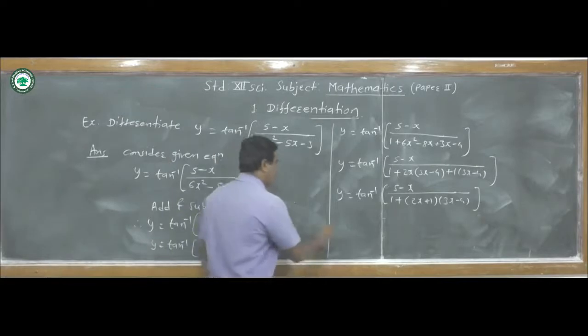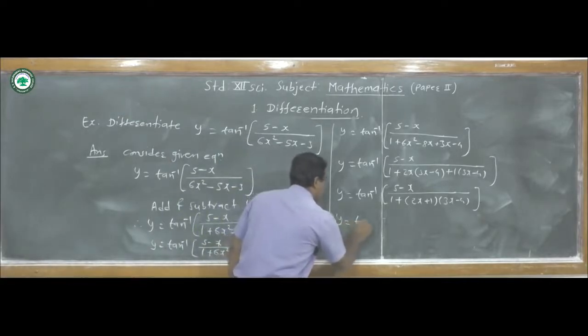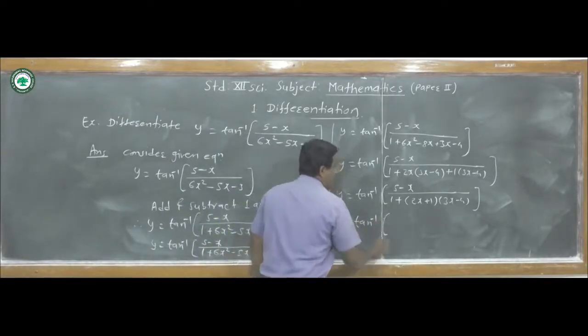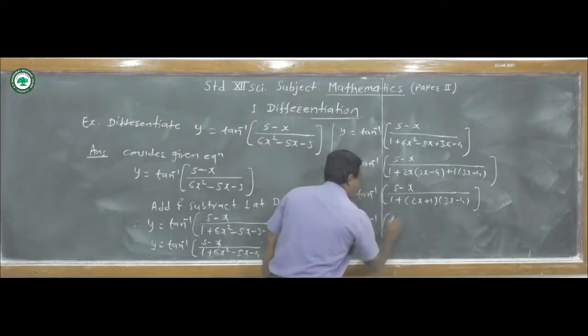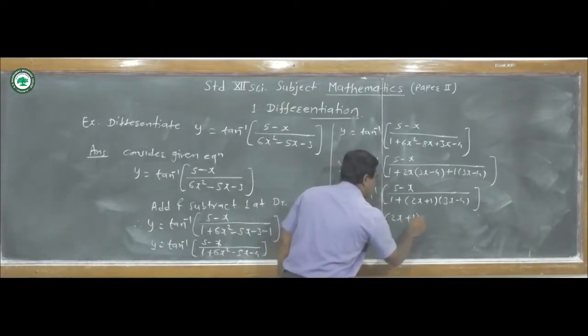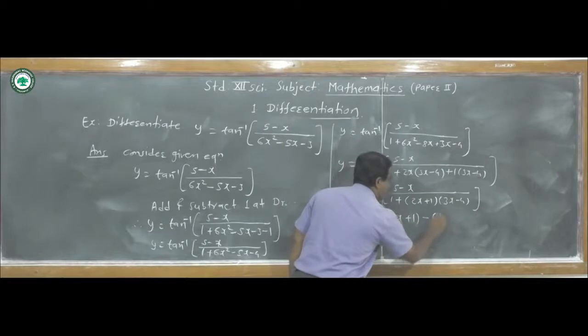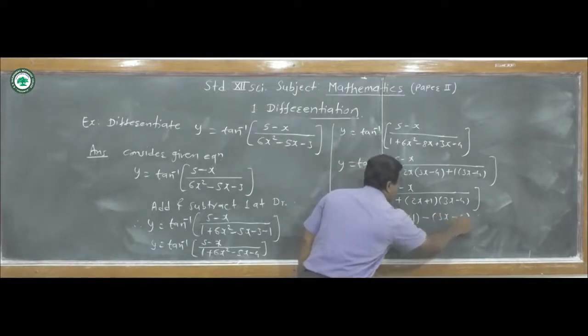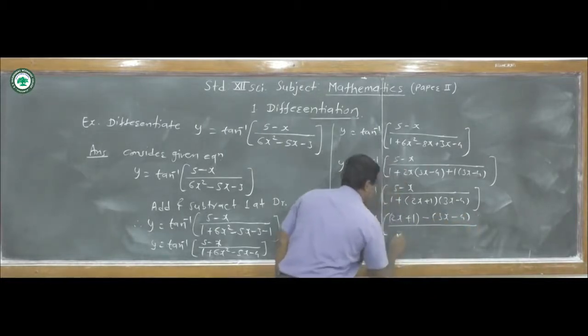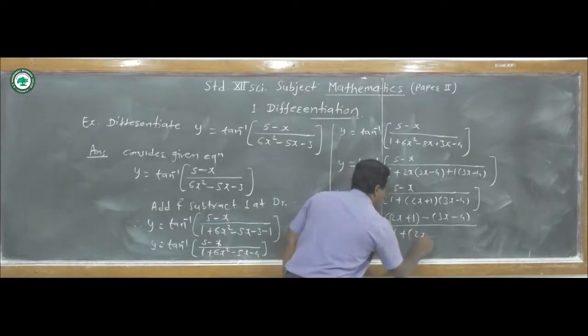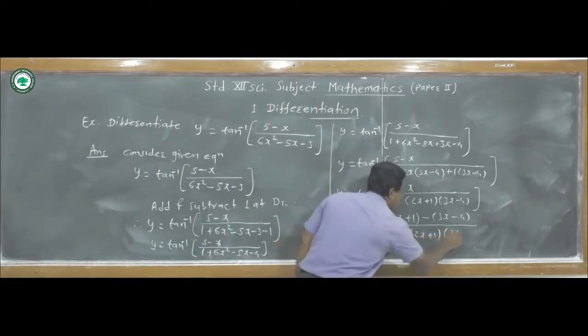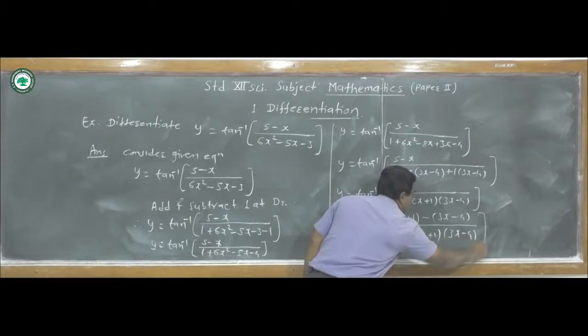We can write here y is equal to tan inverse of, adjusting these two factors at the numerator, (2x plus 1) minus (3x minus 4) upon 1 plus (2x plus 1) into (3x minus 4).